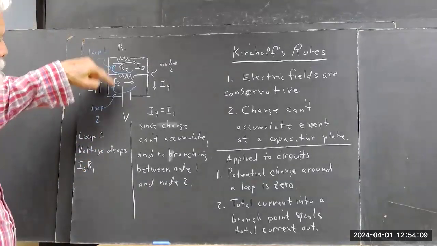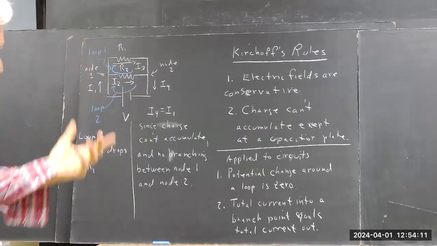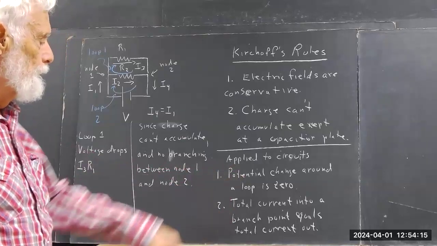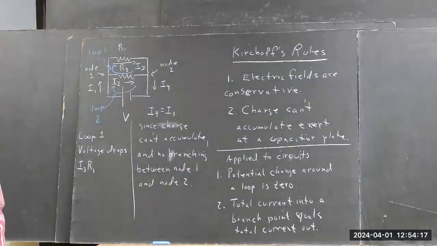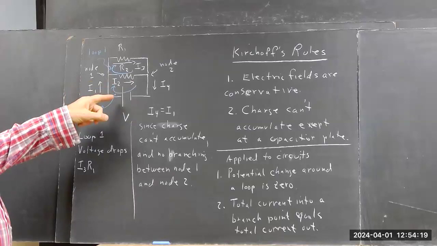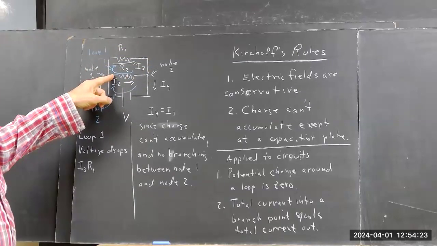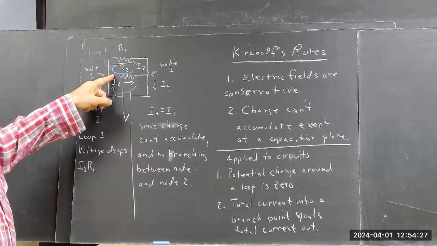Okay, so now we've got loop 1 and loop 2, and we're going to use the fact that the electric field is conservative, so the potential change around the loop is 0. That means if we start here and move around to this point, we end at the same potential energy per unit of charge that we started at.